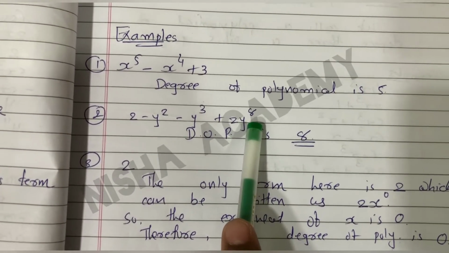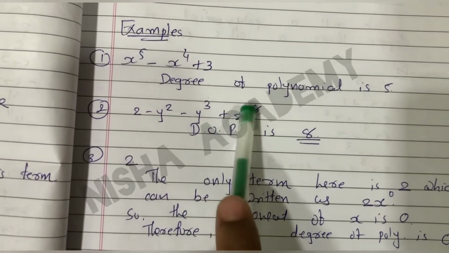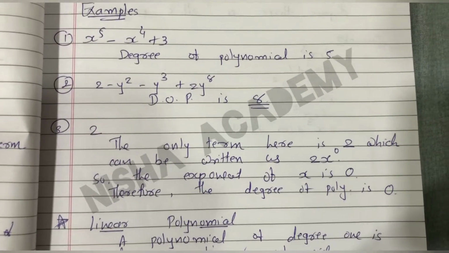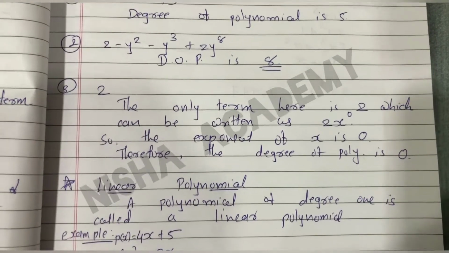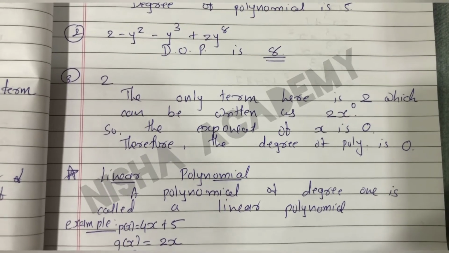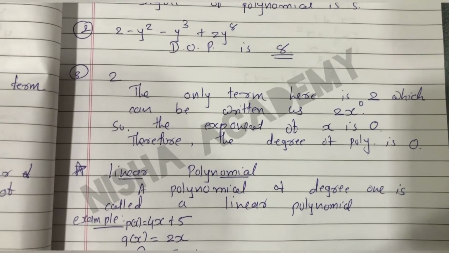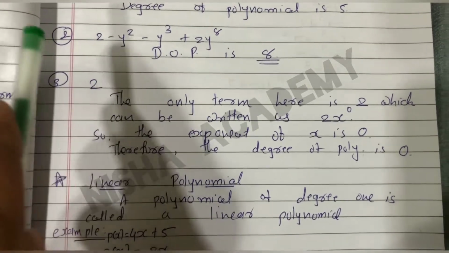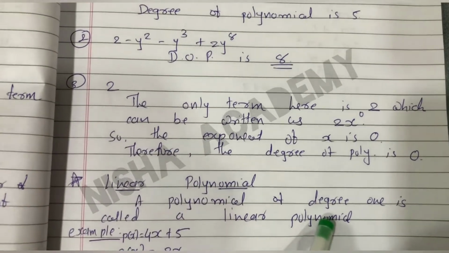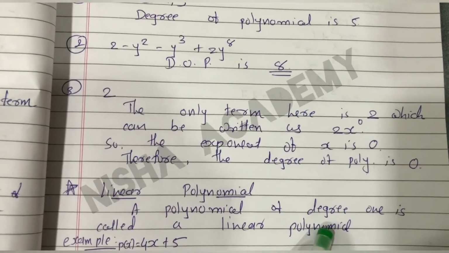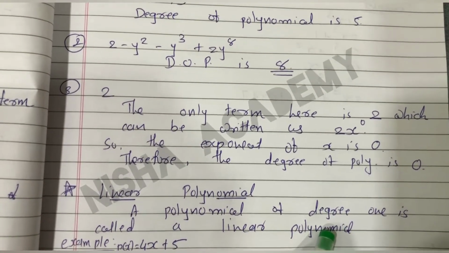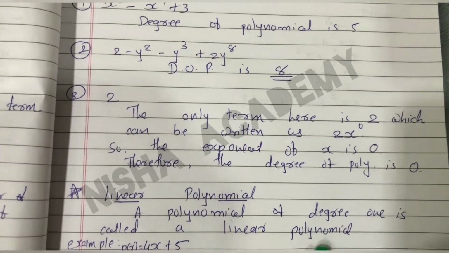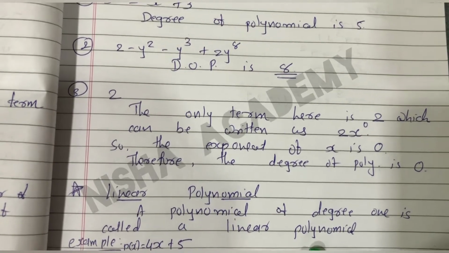Here the only term is 2, which, as I told you previously, can be written as 2x raised to 0. So the exponent of x is 0, and therefore the degree of this polynomial is 0. For the degree of a polynomial, we look at the power of the variables, whether x, y or z, but the highest power.